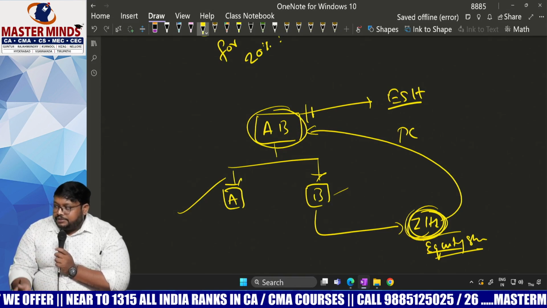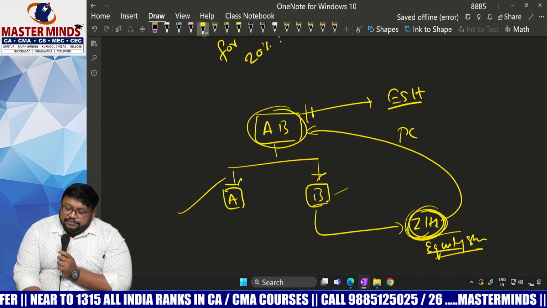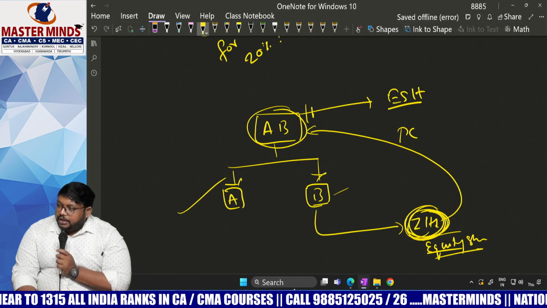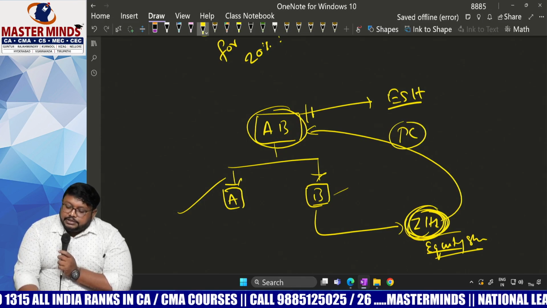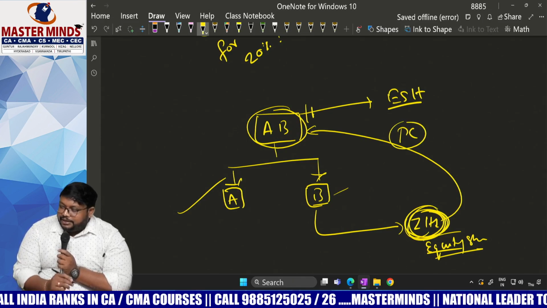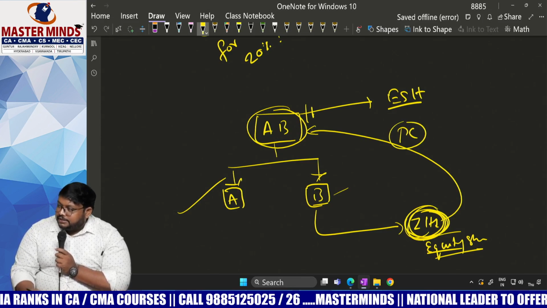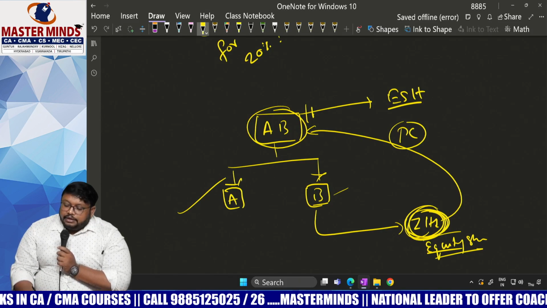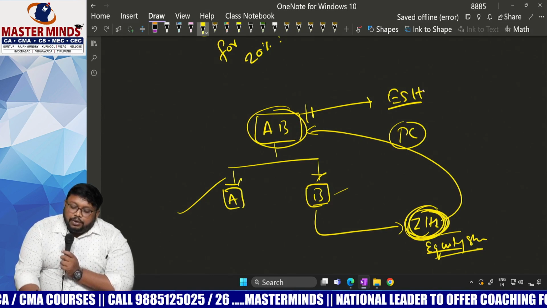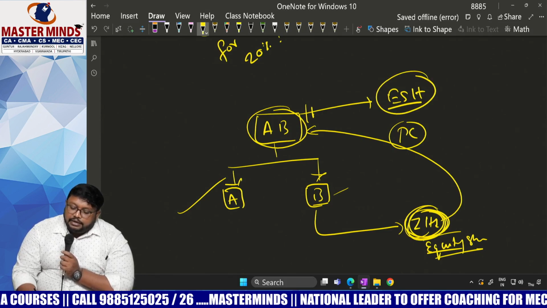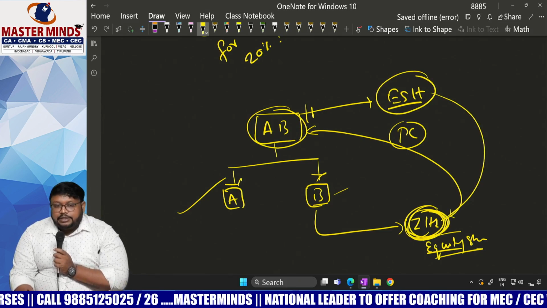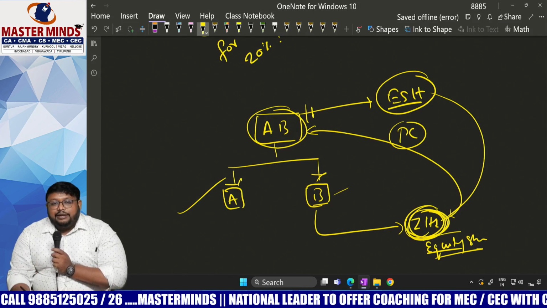I am splitting the business. So one division I am selling to Z Limited. In place of purchase consideration, Z Limited issues equity shares, the entire purchase consideration in equity shares. Now I am saying that the equity shareholders of AB Limited are the same shareholders in Z Limited, because you are giving equity shares only.